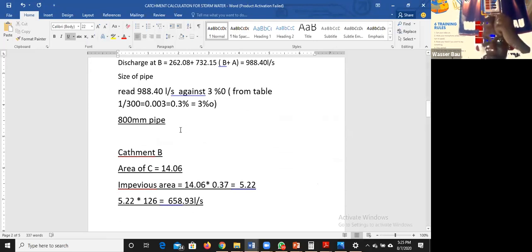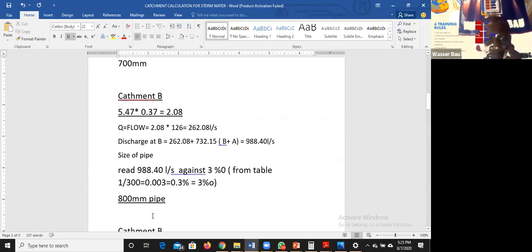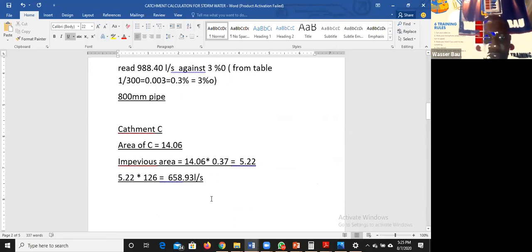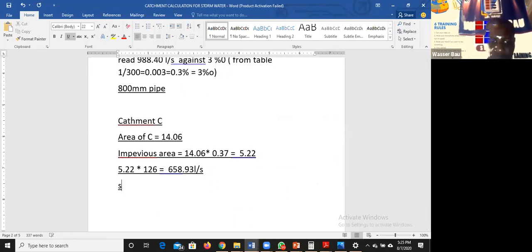So for catchment C, please pardon me, this is catchment C. So to size the pipe now, size it now.